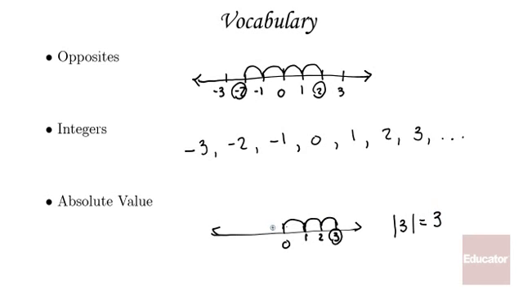The absolute value of negative 3 is also 3. Negative 3 is also 3 units away from 0. Notice that distance is always represented as a positive number.